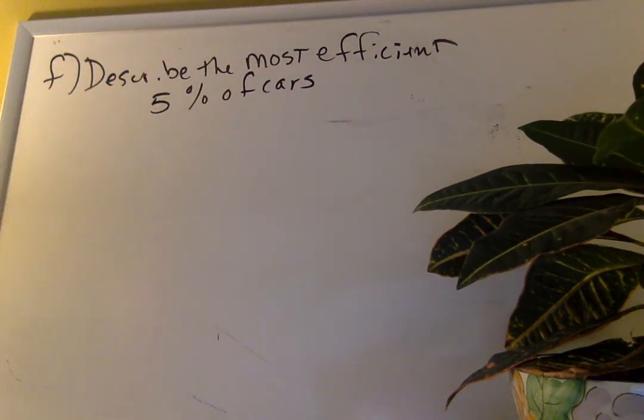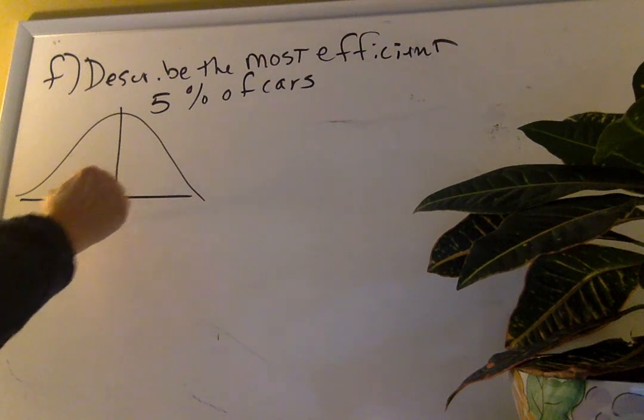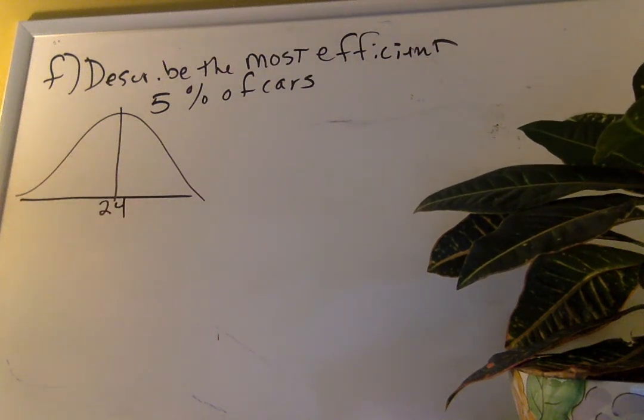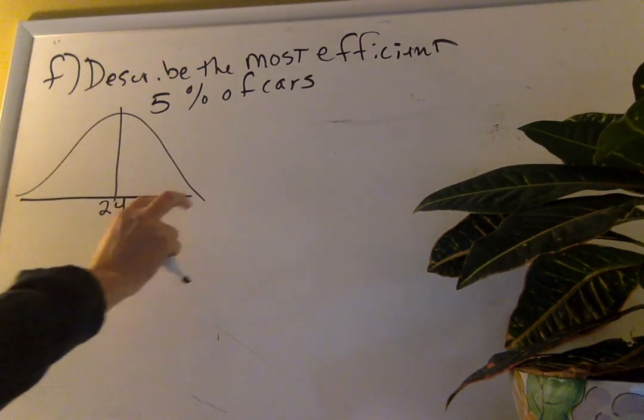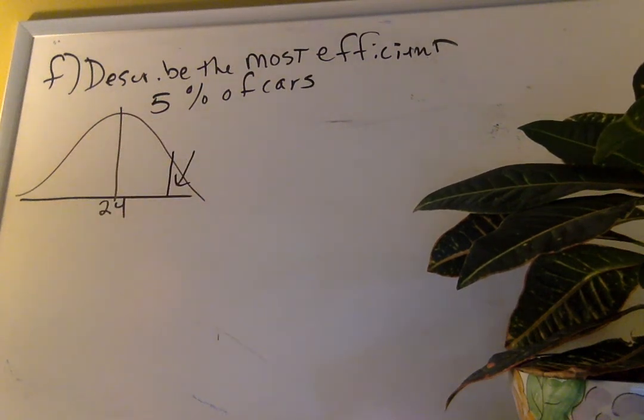Describe the most efficient 5% of cars. So basically it's asking for the good cars, right? Similar to what we talked about, I guess, in part D or E. The good cars are up here. If you're getting 50 or 60 miles per gallon, you've got a great car. Please, please, please.